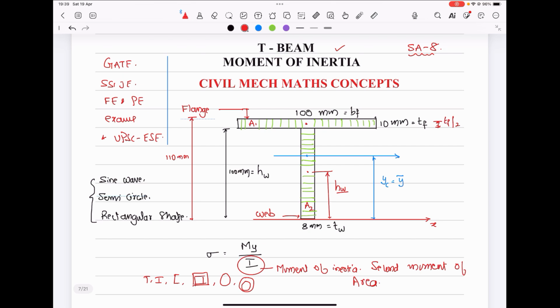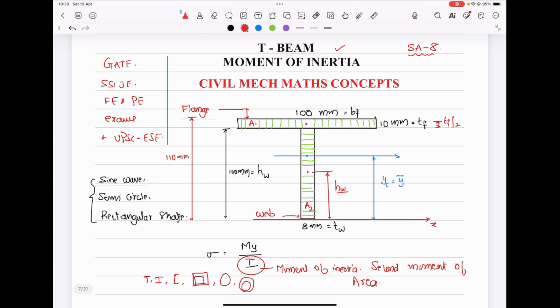These are the different types of beams we regularly use in our day-to-day engineering practice. And let us try to find a typical structure of a T-beam.